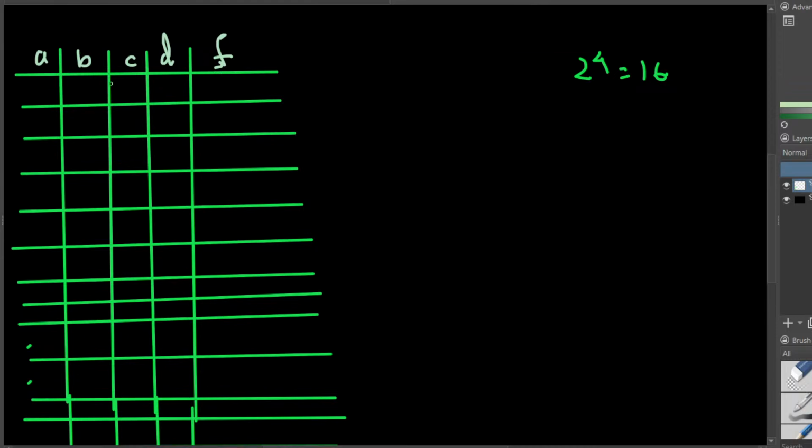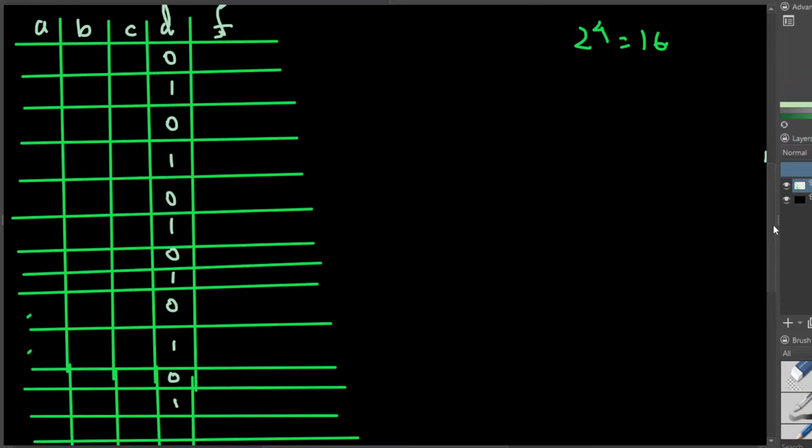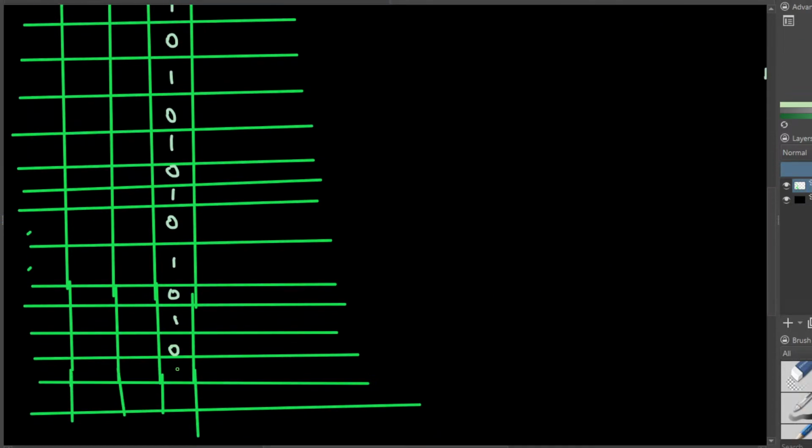For the 16 rows, we're going to have 0, 1, 0, 1, and so on. How many do we have already? 2, 4, 6, 8, 10, 12, 14, 16.